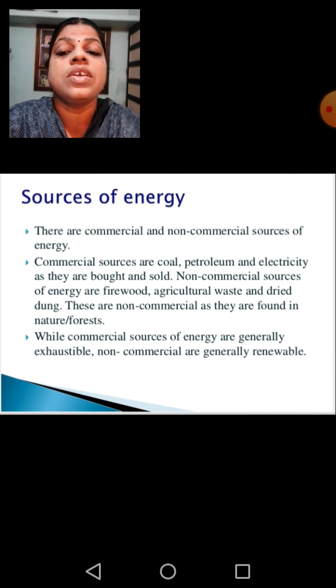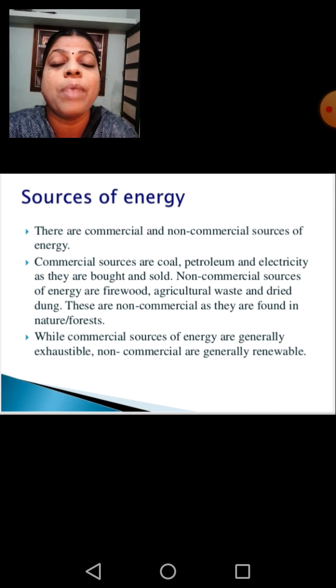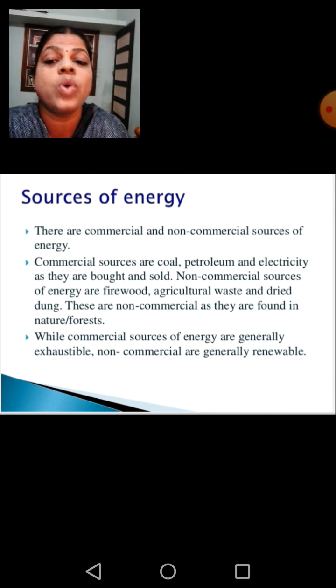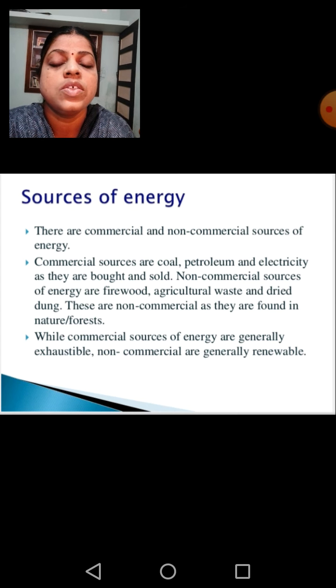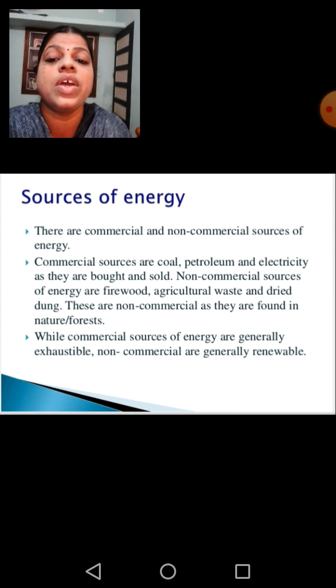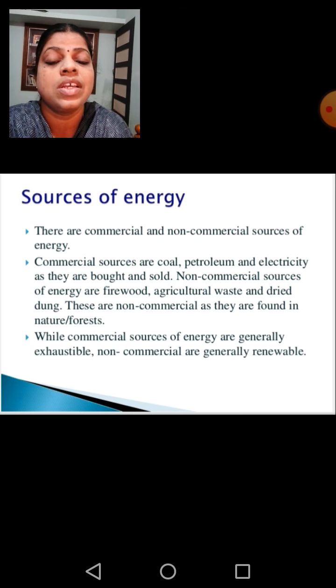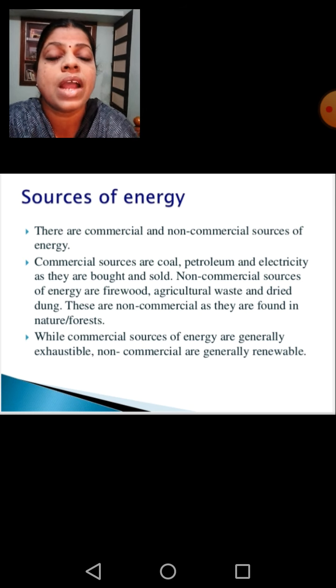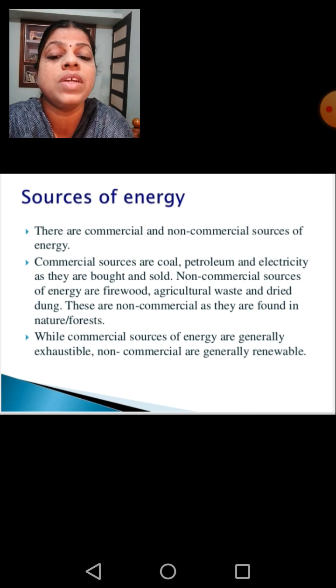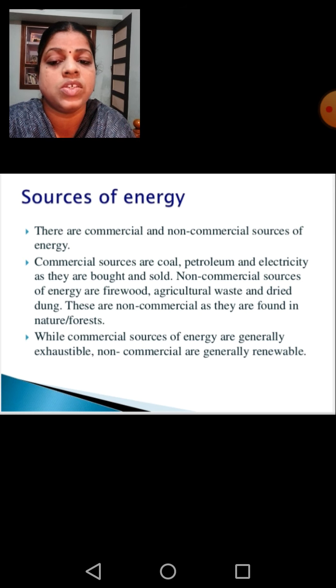And next one is about the different sources of energy. Children, you would have studied in your earlier classes about the different sources of energy. And you know that there are two types of energy. Which are they? Commercial and non-commercial sources of energy.